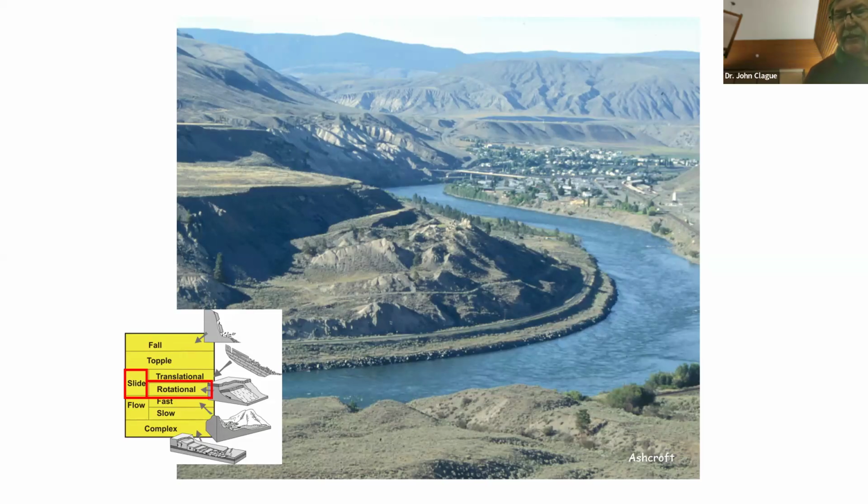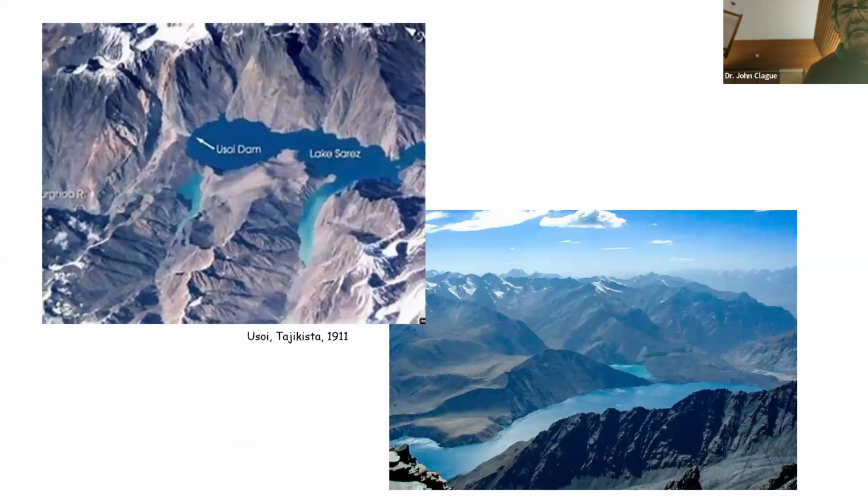Now I'm going to shift gears a bit and talk about landslide dams. So I've talked a little bit about different types of landslides and tried to emphasize what types of landslides are capable of damming streams and rivers. I wanted to show you the gold medal winner of landslide dams, which is in Tajikistan.